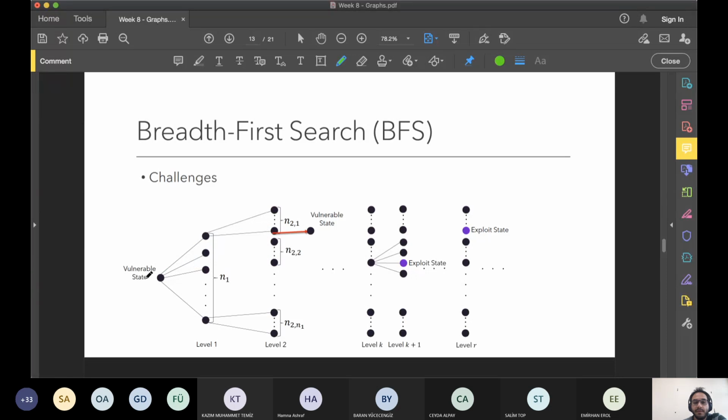So these two states are the same, but I can just go into an infinite loop here, right? If I'm not careful, I go into infinite loops here. I go to this node, this vertex, and go back, and this way I can go on forever if I'm not careful. This is one of the challenges of breadth-first search.